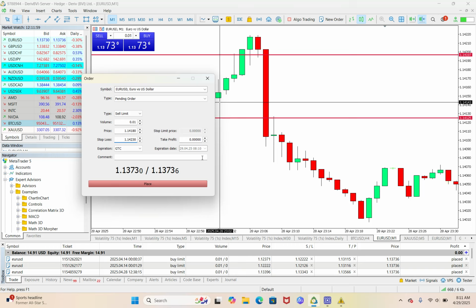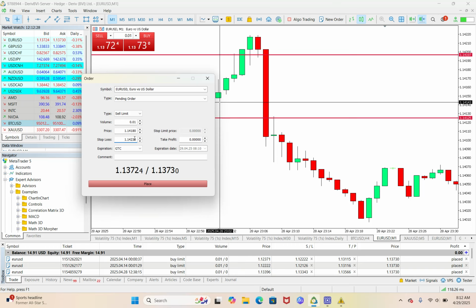Okay, so our take profit is gonna be 230 minus 180. Okay, so we are risking 50 pip, right? So we want to make 150 pip, risking 50 pip to make 150 pip. So we are risking 50 cents to make $1.50.